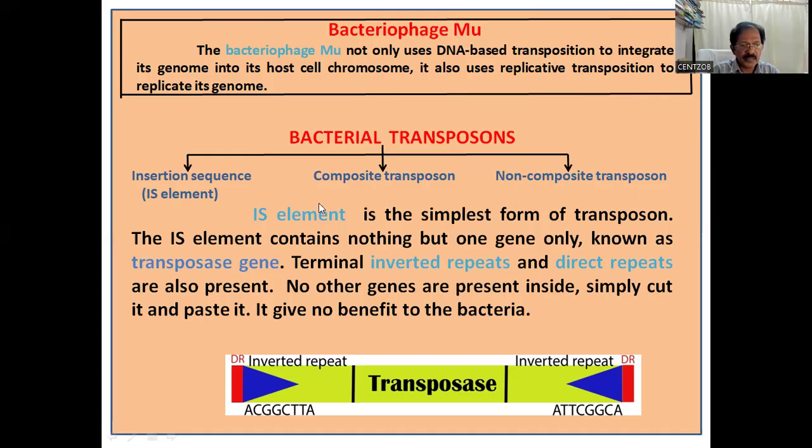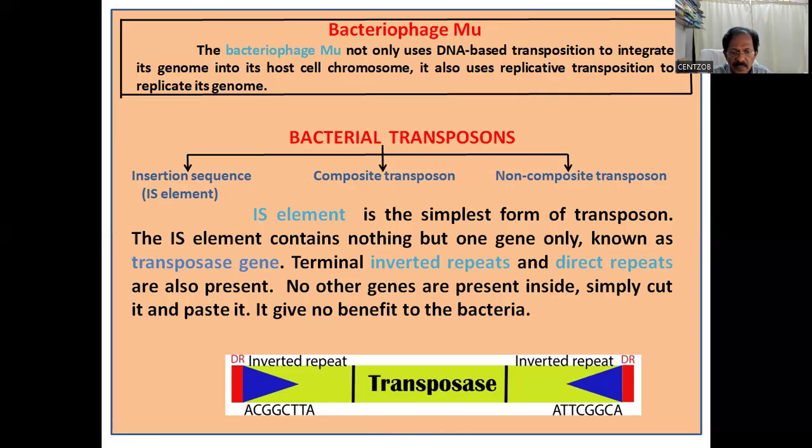The IS element, as I already mentioned, is the simplest form of transposon, as shown in this diagram. The IS element contains nothing but one gene only, the transposase gene. The transposase gene catalyzes the movement of the transposon to another part, nothing else.